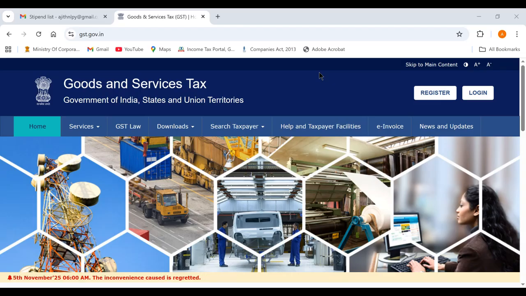Today, the remaining portions regarding GST e-filing we would be discussing. Further, some of those basic concepts regarding EPF and ESI also we would be mentioning.